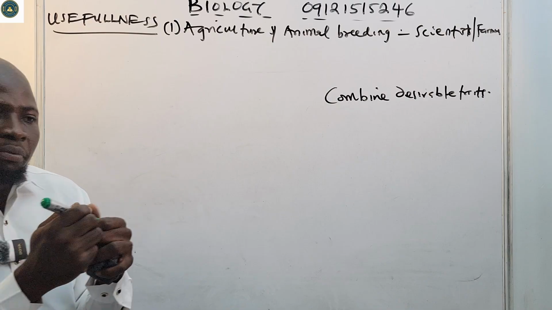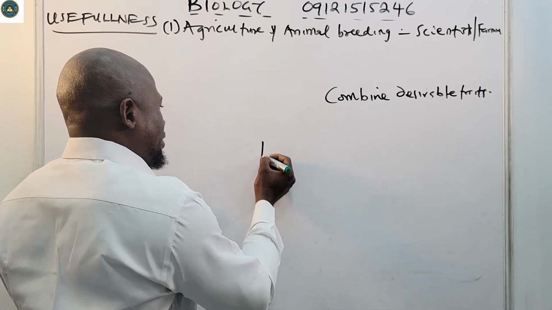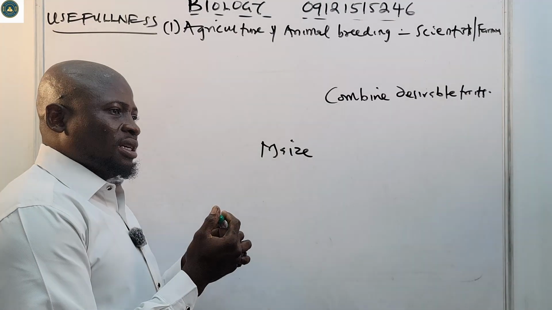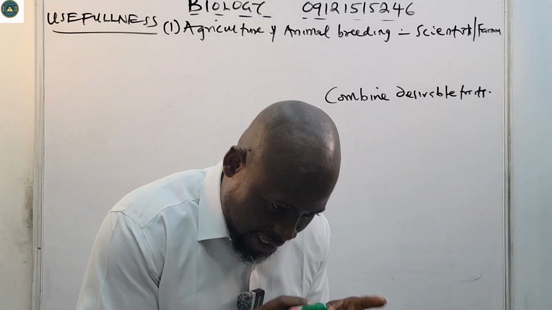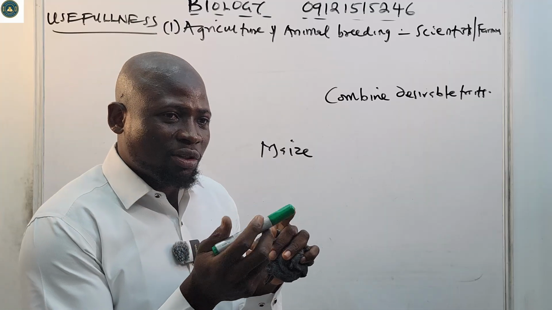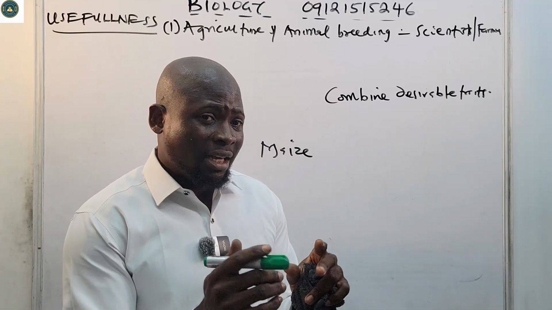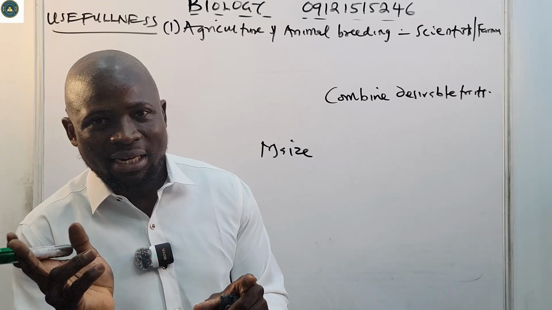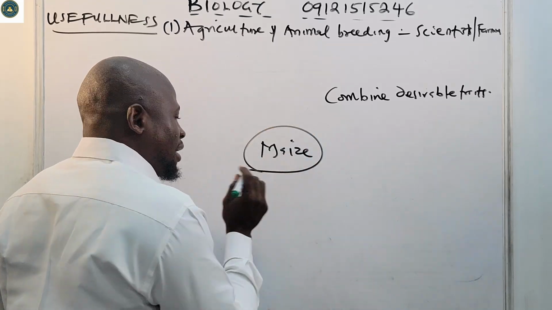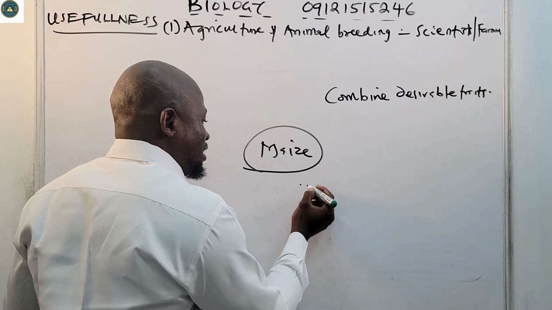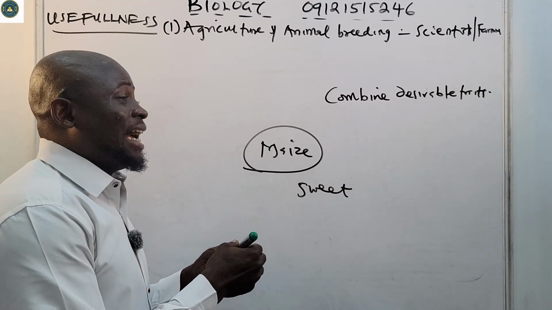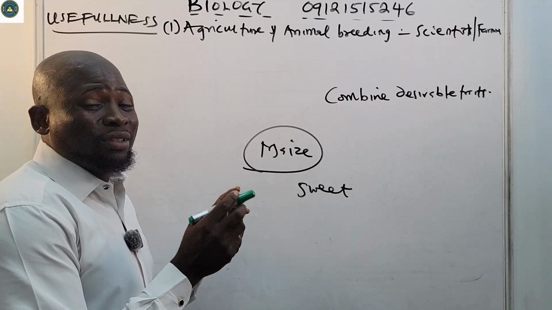For example, maize. You know maize now, right? It's not every maize that is sweet. Normally fresh corn is usually sweet, but some maize are definitely sweeter than others. Now a farmer can combine a breed of maize that is sweet, and some maize that are very susceptible to diseases.